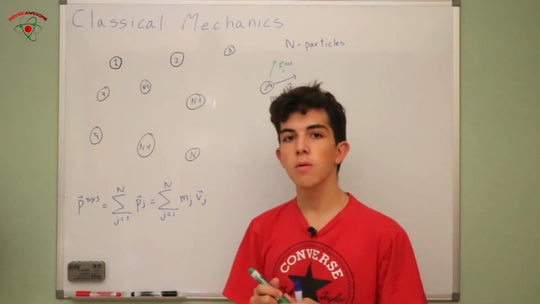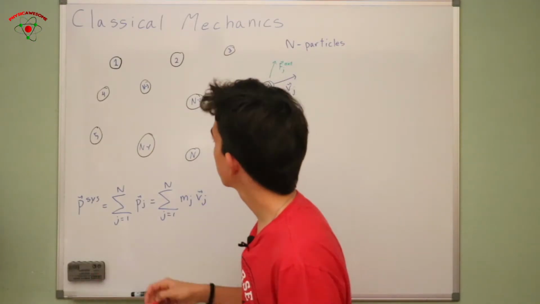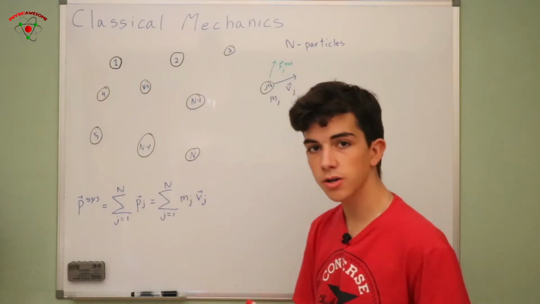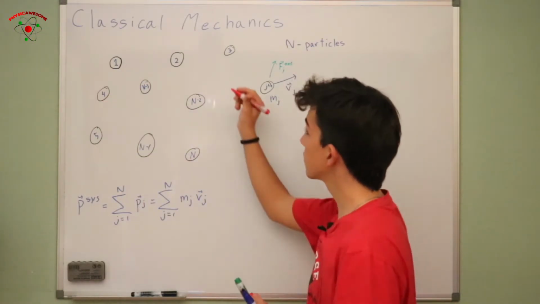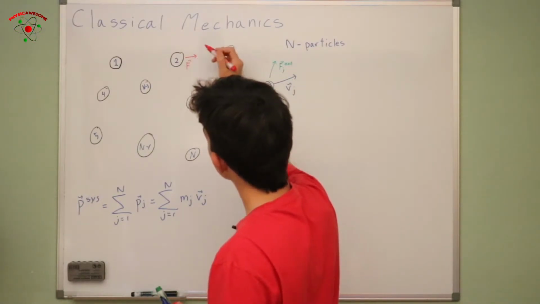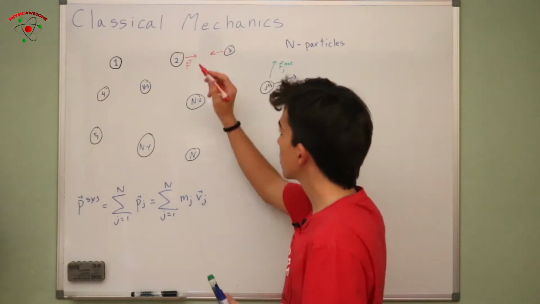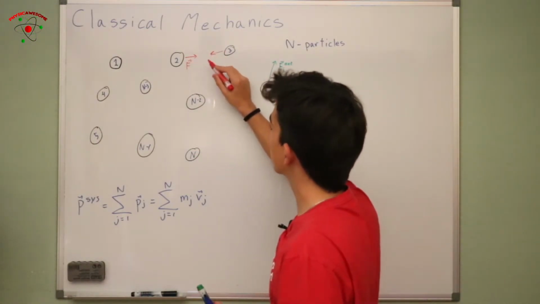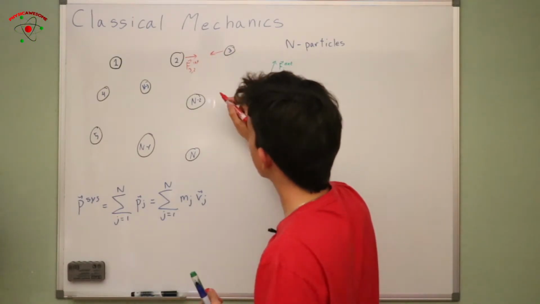However, we are also going to have internal forces. If these are uncharged particles, we're going to have, for example, gravity pulling them towards each other. Therefore, we're going to have forces from each of the different particles on each other. So, for example, this is going to be the internal force from 3 on 2.